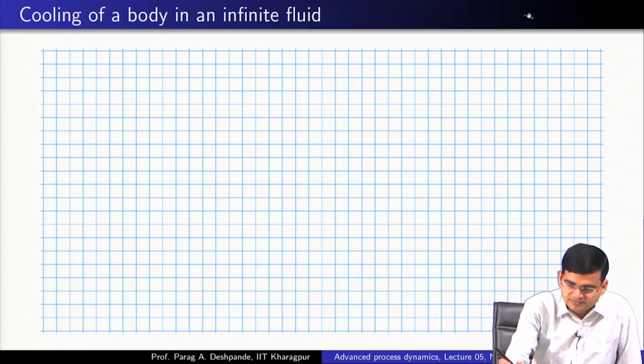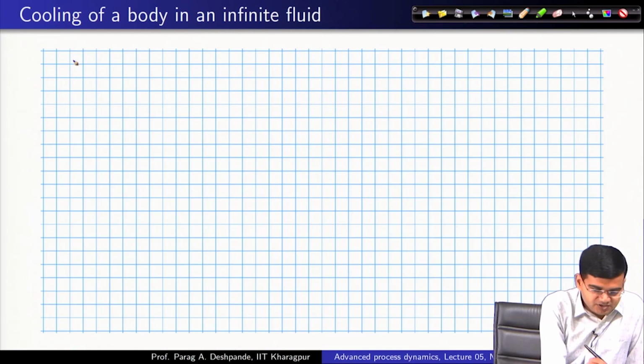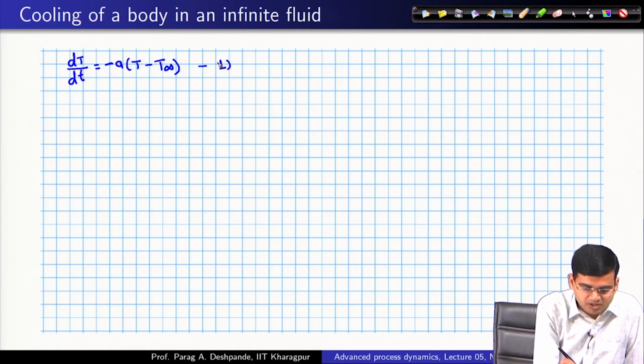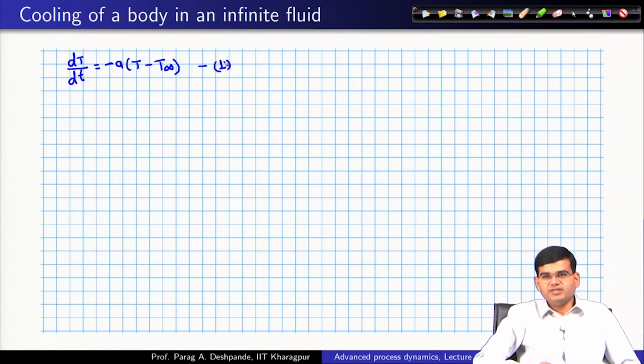So, our model equation was dT/dt = -a (T - T infinity). This was our model equation. Now, we have a bifurcation parameter in this system.